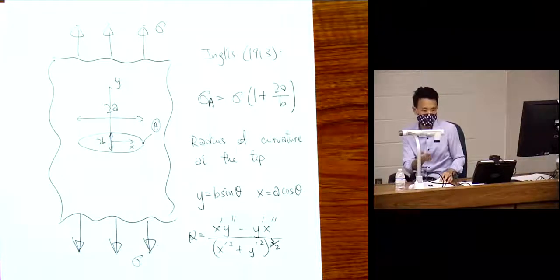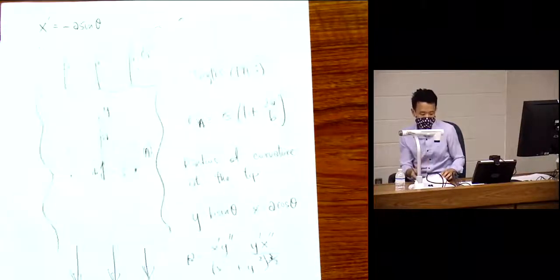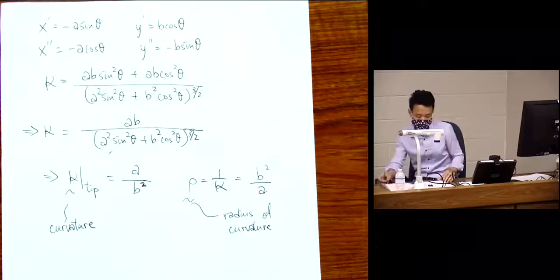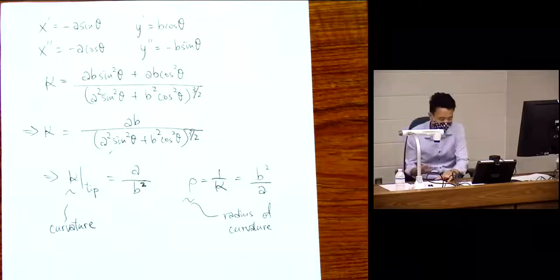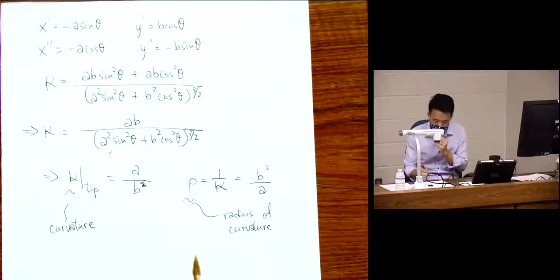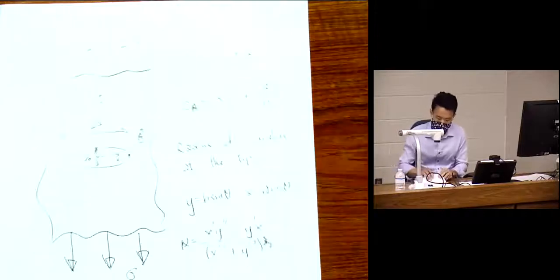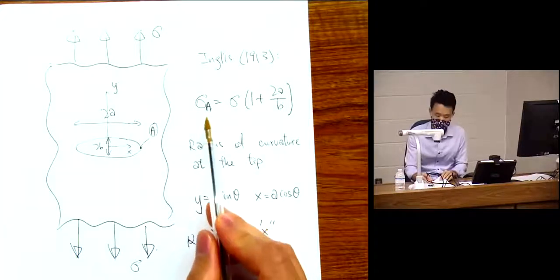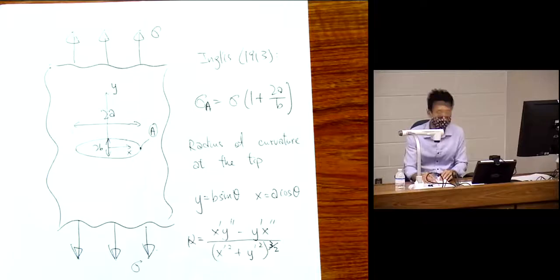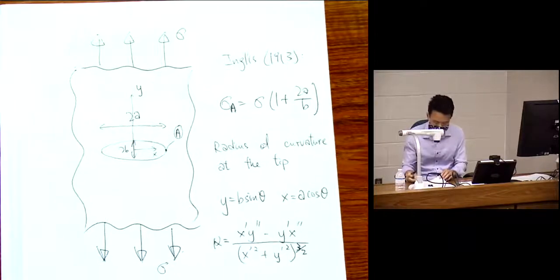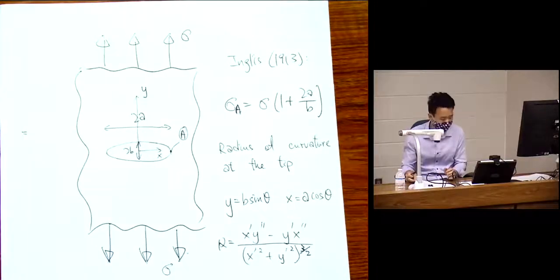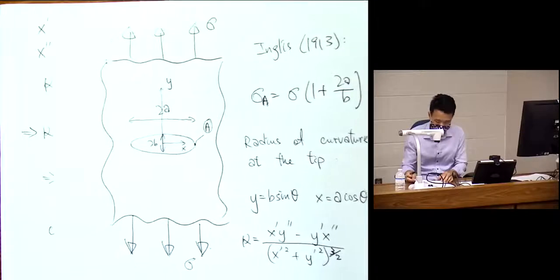And that will set us to see if we can improve that calculation, right? So what we need to do is then to combine this result, the curvature, with the stress obtained at the tip. So what we need to do is just do some calculation that will give us that very quickly.